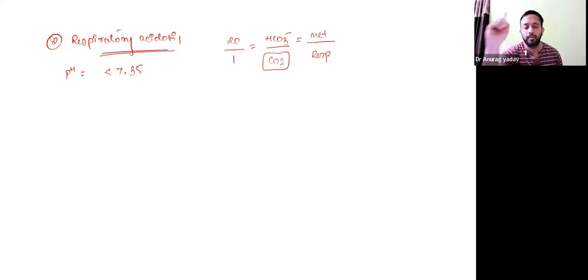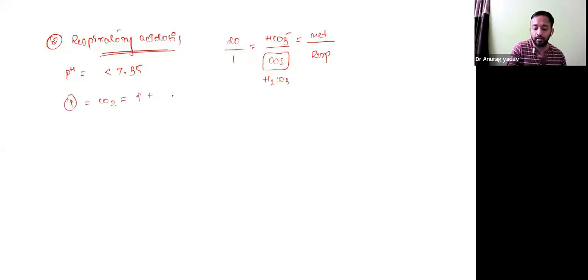Now, respiratory acidosis means there is increase in carbonic acid levels. When you increase the acid level in the blood, what happens to the blood pH? Blood pH will go towards acidosis. So the primary defect in respiratory acidosis is increase in carbon dioxide, which is nothing but increase in carbonic acid.